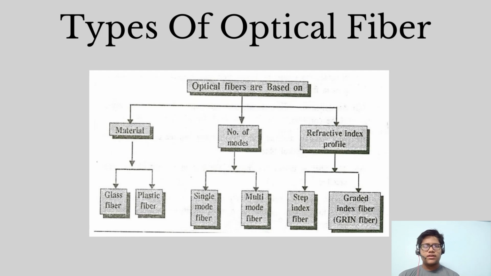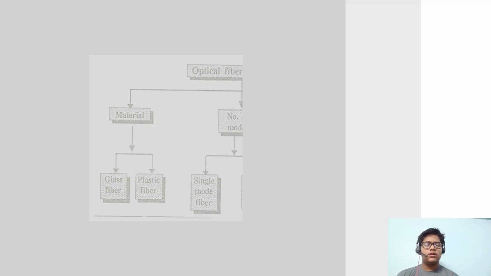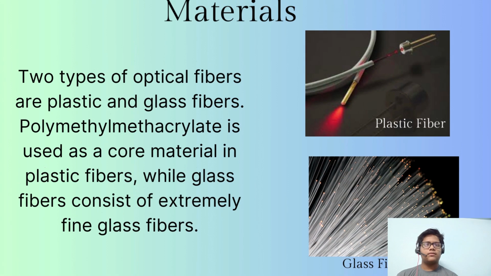So, now let's understand the classification of optical fibers. Optical fibers are classified into three types: material based, number of modes, and nature of refractive index. Now let's understand optical fibers classified on the basis of material. On the basis of material, they are of two types: glass optical fibers and plastic optical fibers.